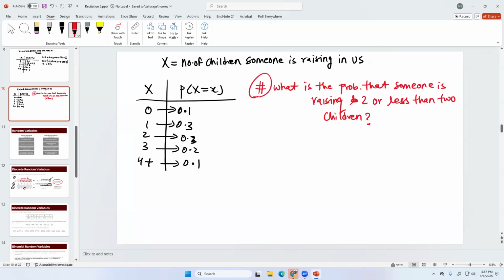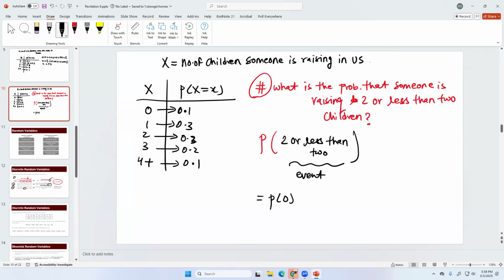What is the probability that someone is raising 2 or fewer children? 0.7, right? You just add what falls under this event. So the probability we have to find is for 2 or fewer. This is the event we are interested in, right? And the different events that fall under this event are the probability of having 0 children, the probability of having 1 child, and the probability of having 2 children.